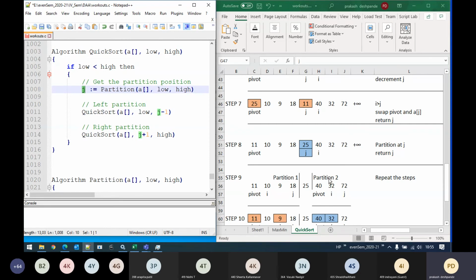In the case of quicksort, the partition is not exactly two halves. It may vary depending upon the elements. But the point to remember is that when we make the partition at this position, all the values on the left-hand side are less than the partition number. Is it true here? The elements on the left side of the 25, are they smaller values? Yes, sir. And the right partition?